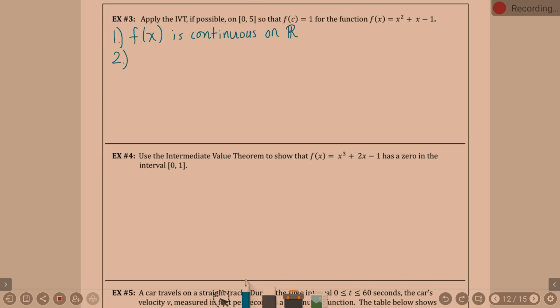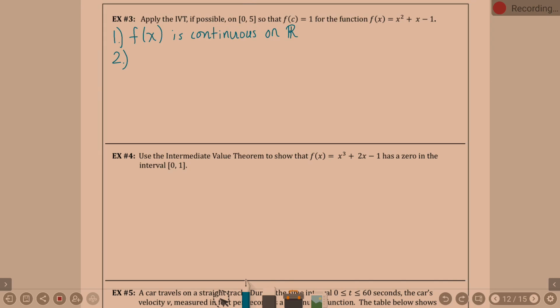The other piece, or piece 2, was that f of a cannot equal f of b. Well, how do I know that f of a doesn't equal f of b? I need to find them. We're not even going to look at the graph here, because sometimes you might get a graph you don't know what it looks like.